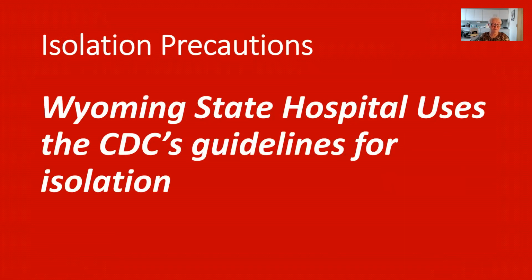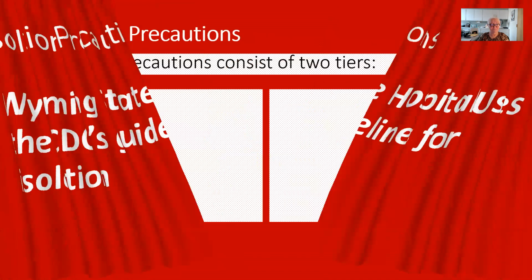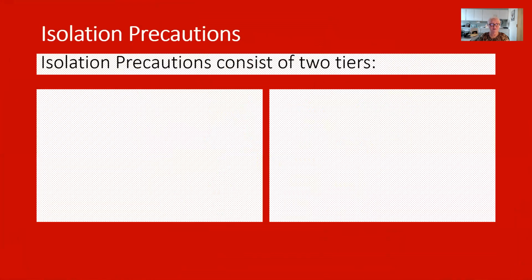The hospital also has isolation precautions, and the Wyoming State Hospital uses the CDC's guidelines for isolation. Isolation precautions consist of two tiers.